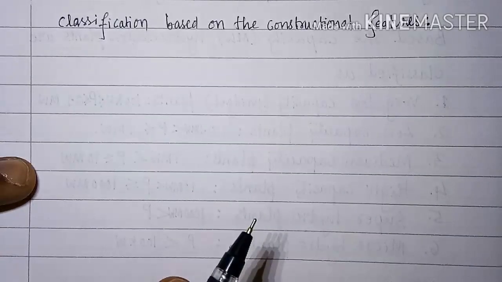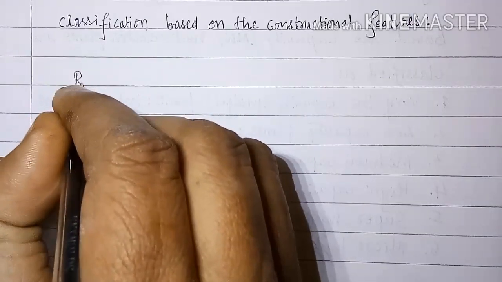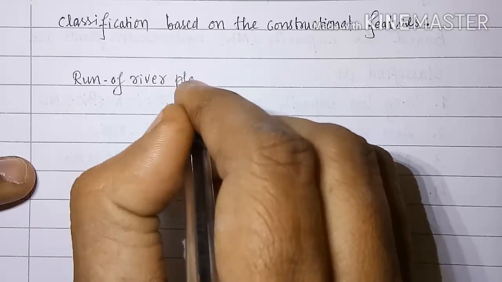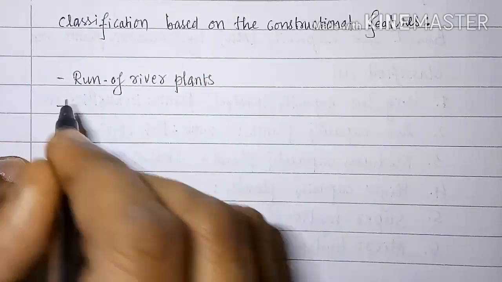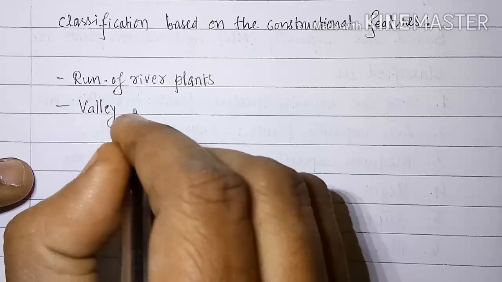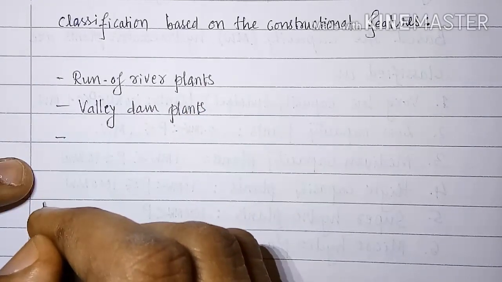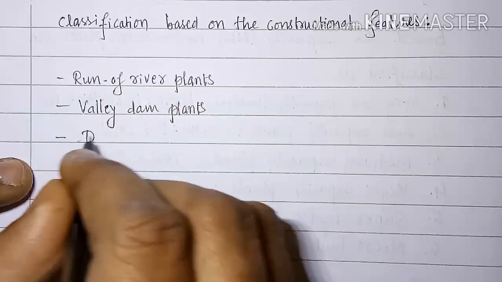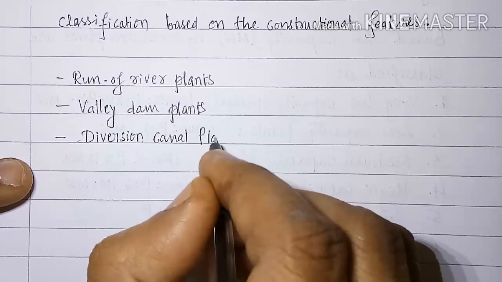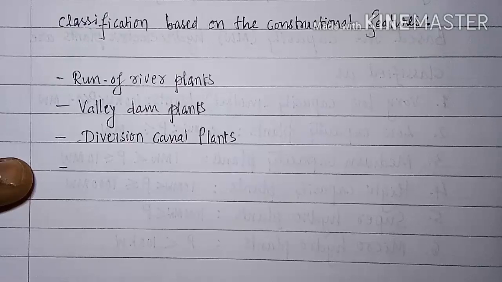Based on constructional features, hydroelectric power plants are classified as runoff river plants, valley dam plants, diversion canal plants, and high head diversion plants.